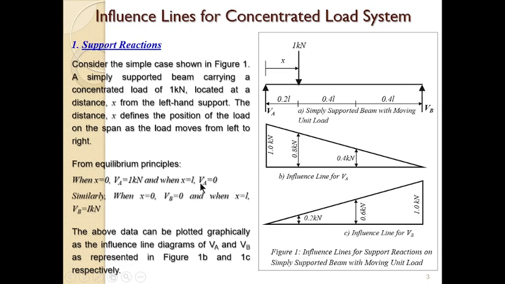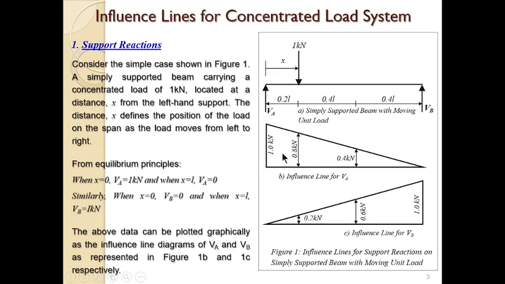In that case, VA will be 0, the reaction at A will be 0. You can use the concept of equilibrium of forces to analyze that. Now, similarly, when X equals 0, that means when the 1 kilonewton load is directly on top of VA, VB will be equal to 0. And when X equals L, that is when this 1 kilonewton load is directly on top of VB, in that case, VB will be equal to 1 kilonewton.